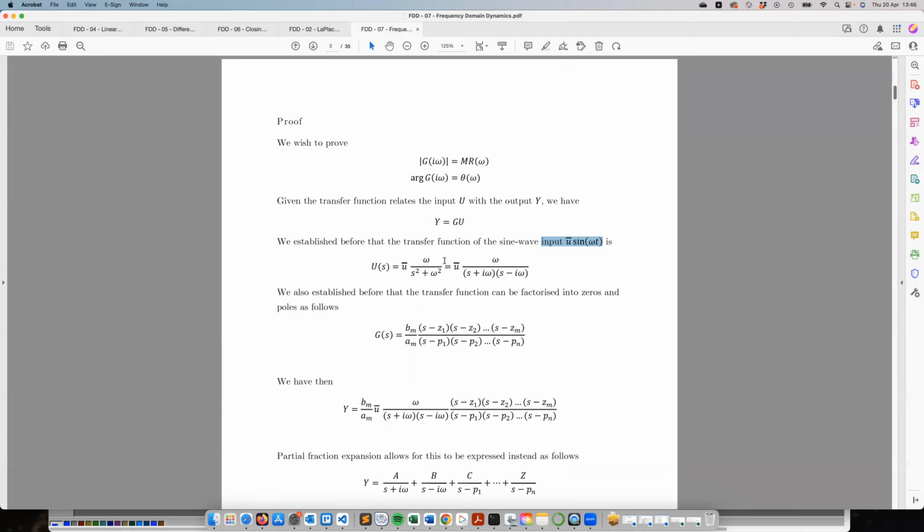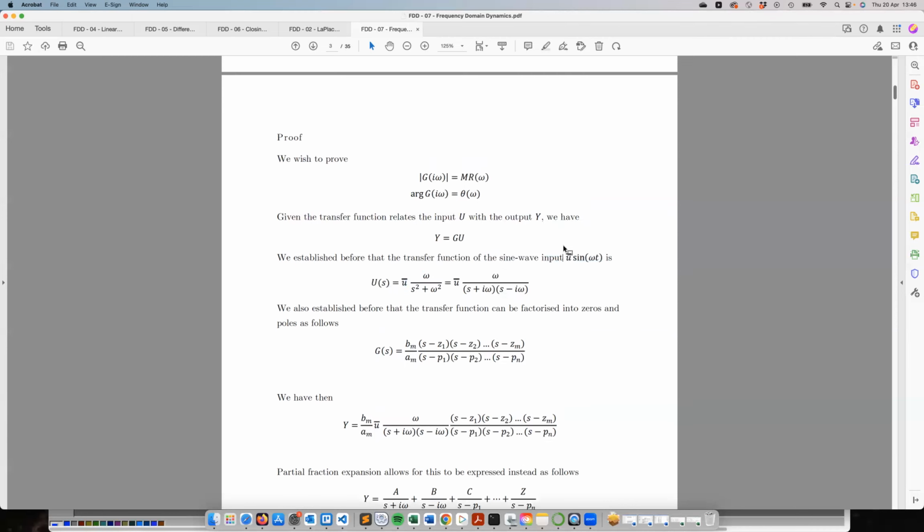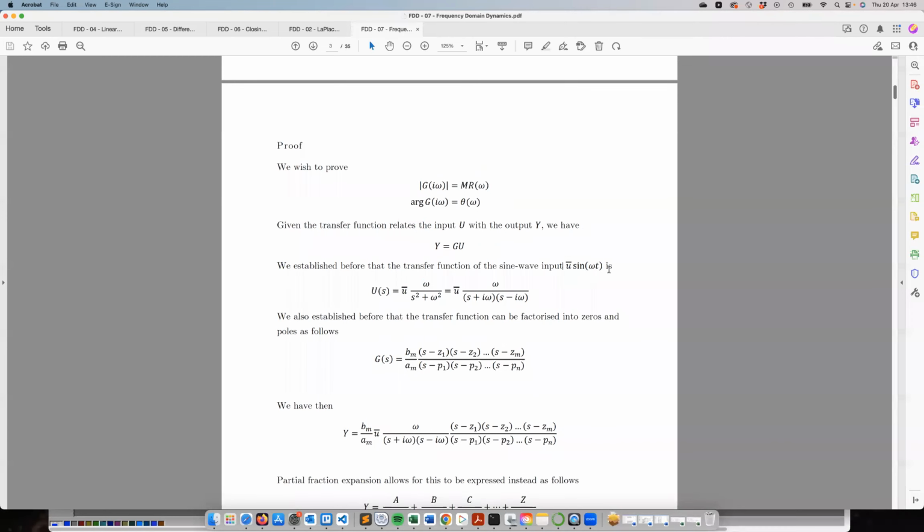You'll find that if you take our input u-bar sine of omega t and Laplace transform it, you get u-bar, the constant amplitude, times omega over s squared plus omega squared. So that's your Laplace version of your input function.